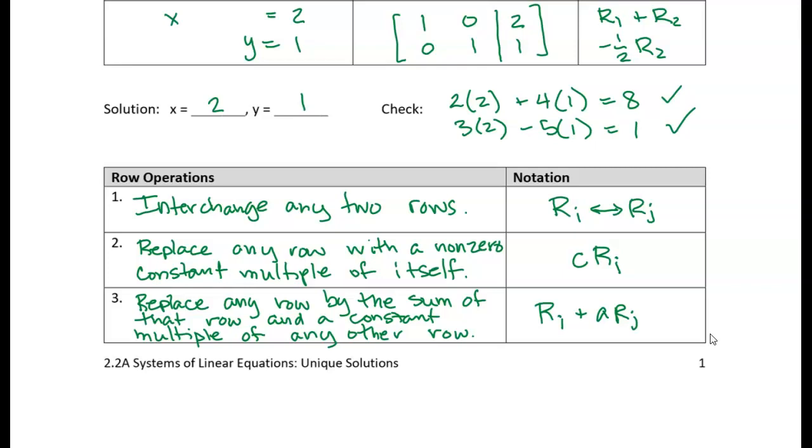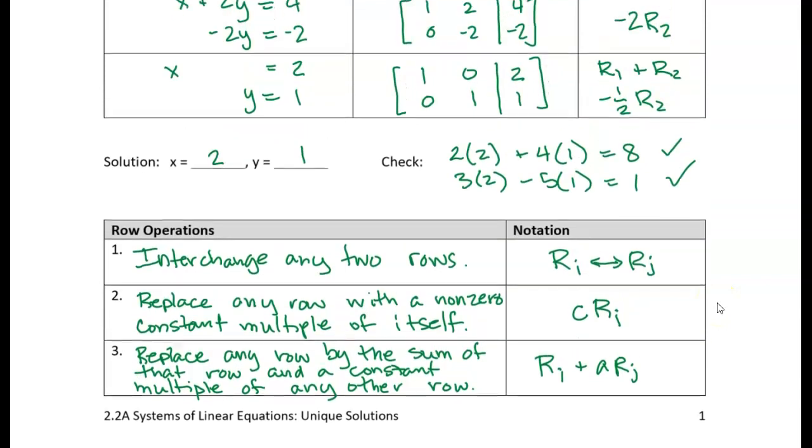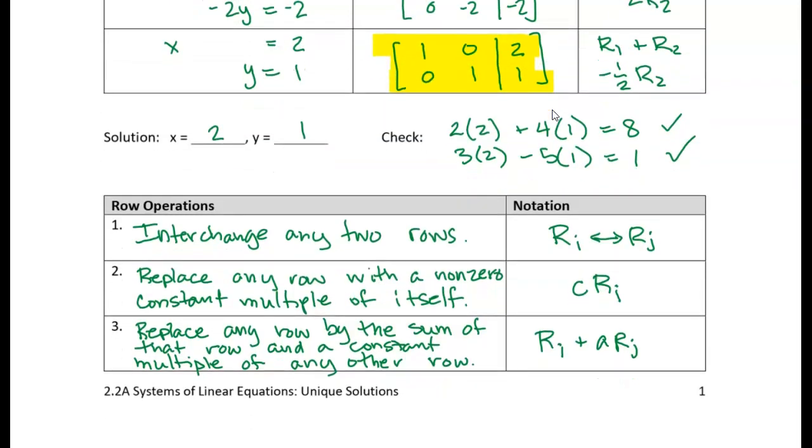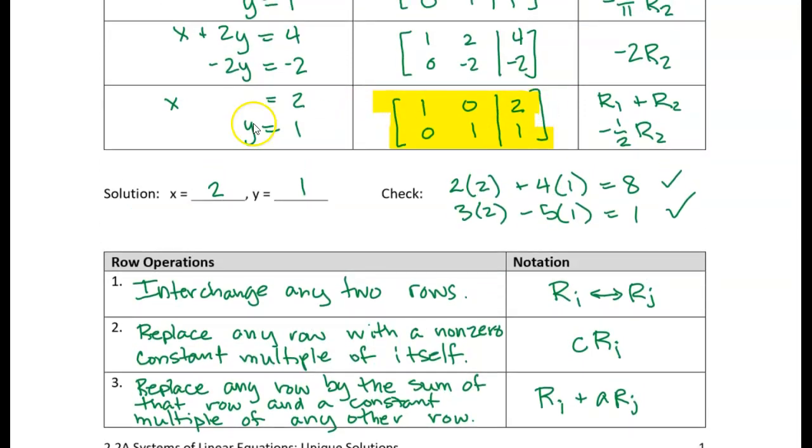These are your legal moves, and your end goal is to create a matrix that looks like this one, right? That looks like, on the left side, 1, 0, 0, 1, and then with some numbers on the other side, because that tells you what x and y are.